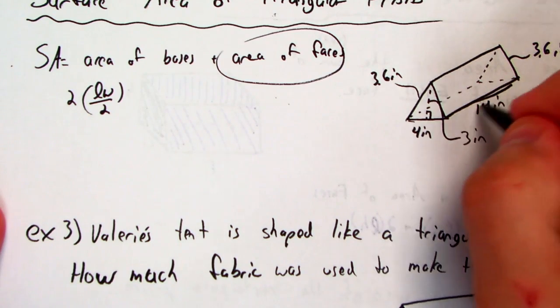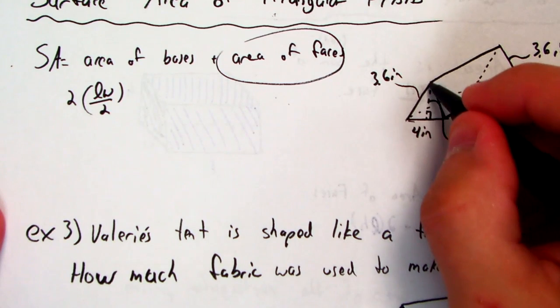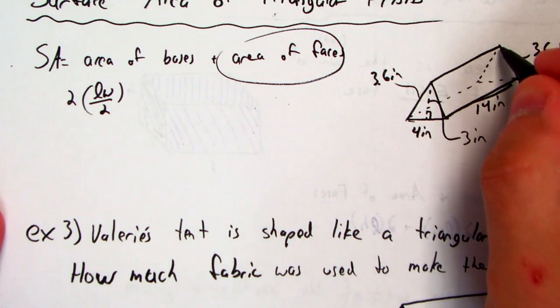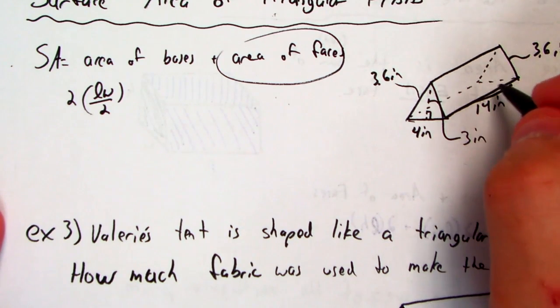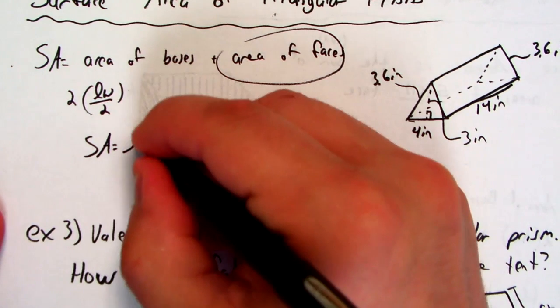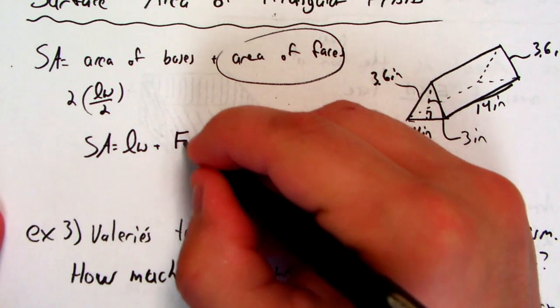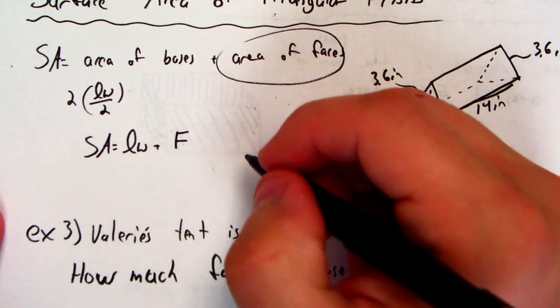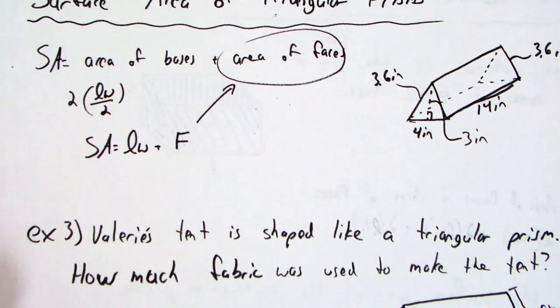But now we have this 3.6 and this 3.6 as well. We know that it's 3.6 because this side back here says it's 3.6. So really, we're going to be looking at a formula that is LW plus, and we're going to say F. And this is what those area of the faces are. So we have to go through and do each one of those faces as an individual, so we can look at how this can be done as a whole.